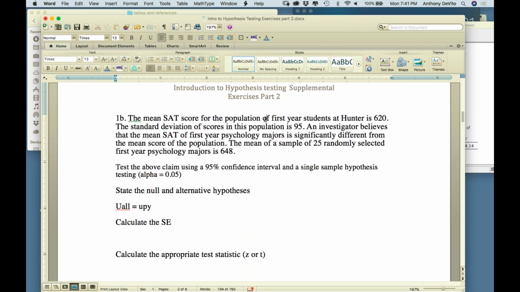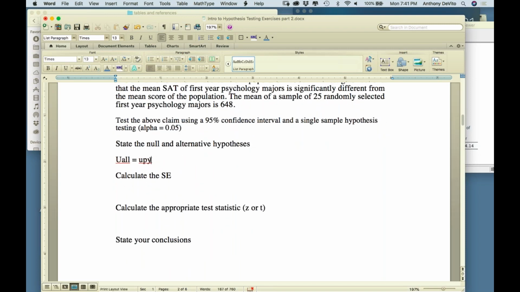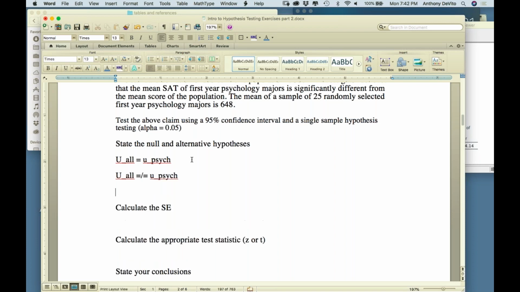Mean SAT score for the population of all first-year students versus first-year psychology majors, okay? Psych majors. U for all, U for psych majors. Okay, what's our alternative hypothesis? U for all students is what? Is not equal, right? U for psych students.